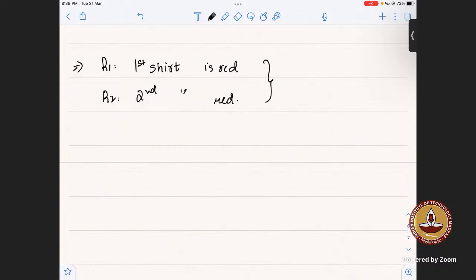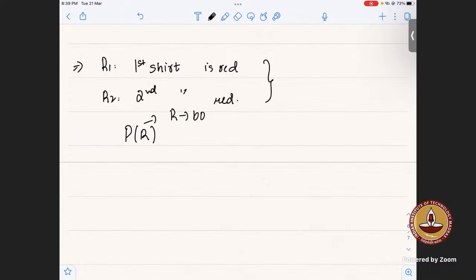I'm asking that you need to calculate the probability of both being red given that it is from shop A. So the P of R1, R2, two red shirts, given that it is from shop A. Let me just denote R as both red.